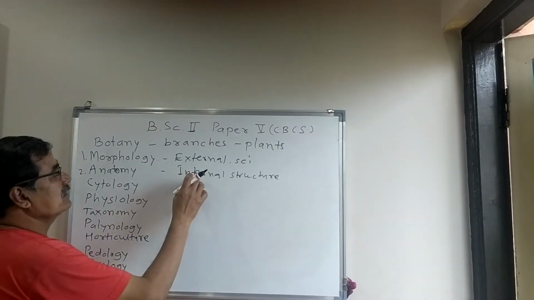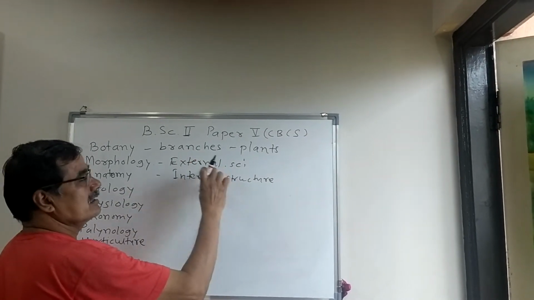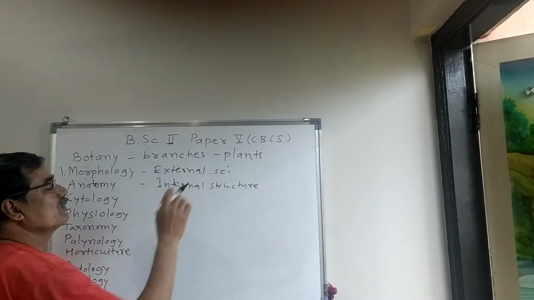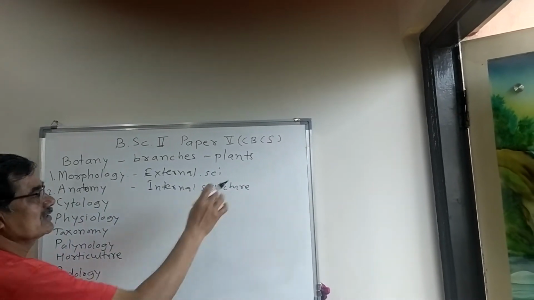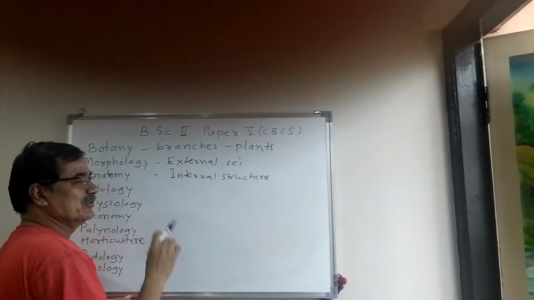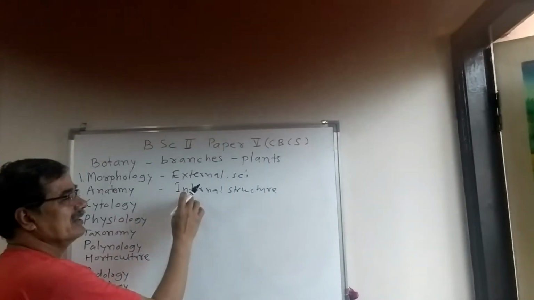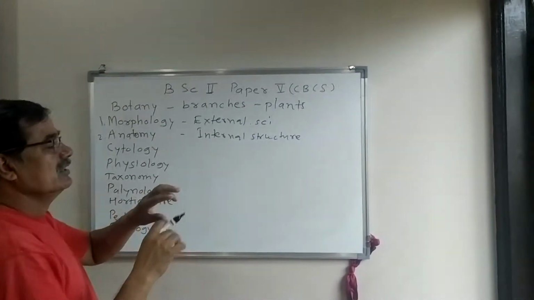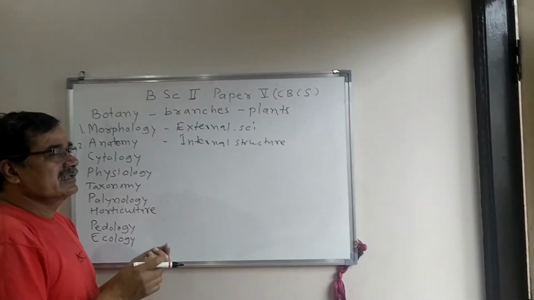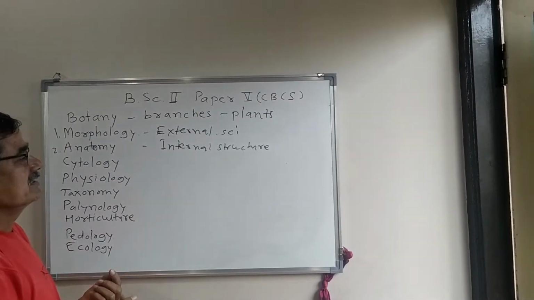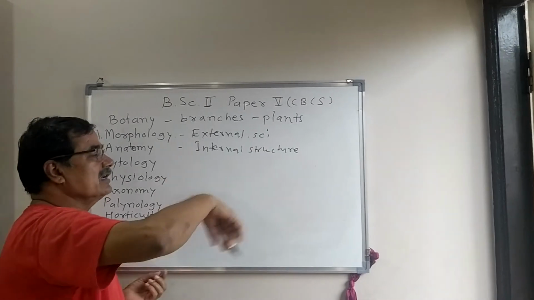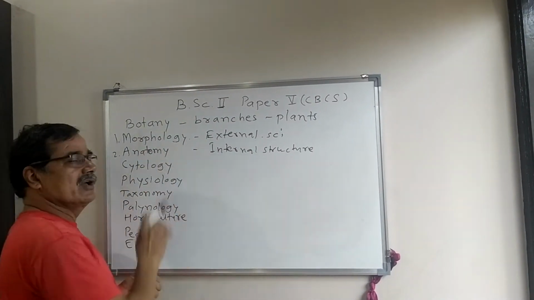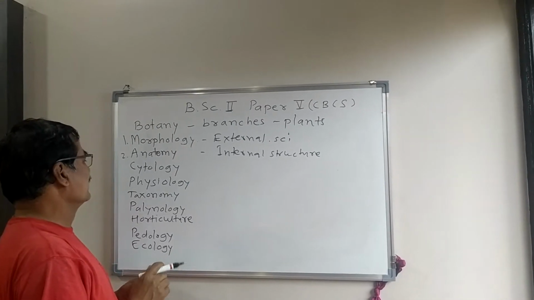Here we study the parenchymatous tissue, sclerenchymatous tissue, collenchymatous tissue, as well as the complex tissue, which are integrated together, forming epidermal, mechanical, fundamental, secretory, and vascular tissue. When a section is cut, that is a TS, it shows the internal organization of the structure. This is what we are going to study in anatomy.